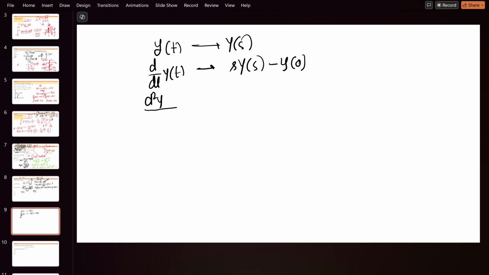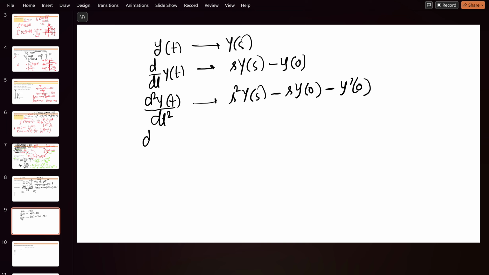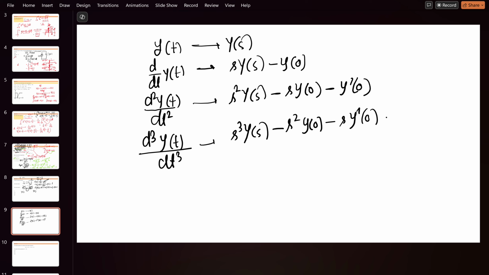The second derivative d square y by dt square in the Laplace domain becomes s square Y(s) minus s times y(0) minus y dash (0). Similarly, the third derivative becomes s cube Y(s) minus s square y(0) minus s times y dash (0) minus y double dash (0). Getting my point?